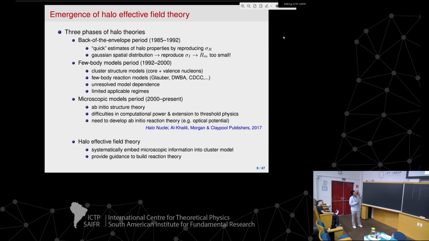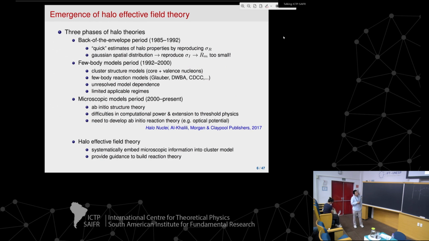But it has difficulties in computational power and in extending to physics at the threshold. I will show later in the slides that the traditional many-body methods are very suitable for bound state calculations, but if you want to describe an observable near the threshold, the convergence is much slower than for stable nuclei.